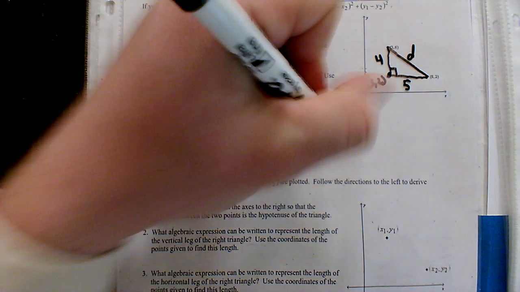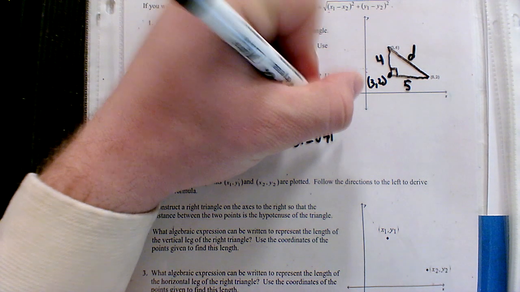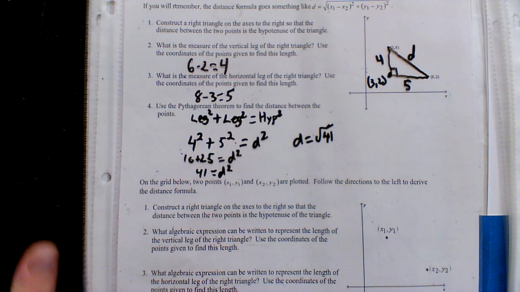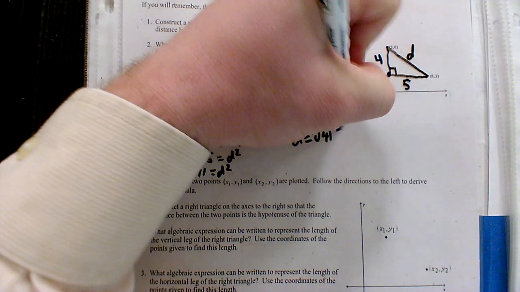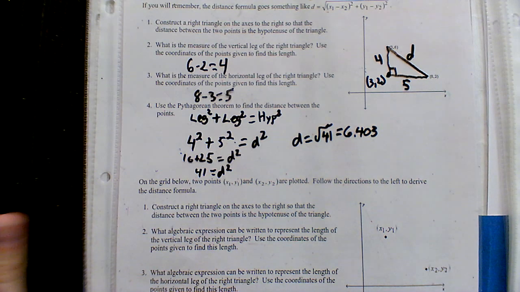Yep, take the square root, so I get the square root of 41. If we were to approximate that, anybody have a calculator, find the decimal? What is the square root of 41? I have 6.403, so yeah, really close.